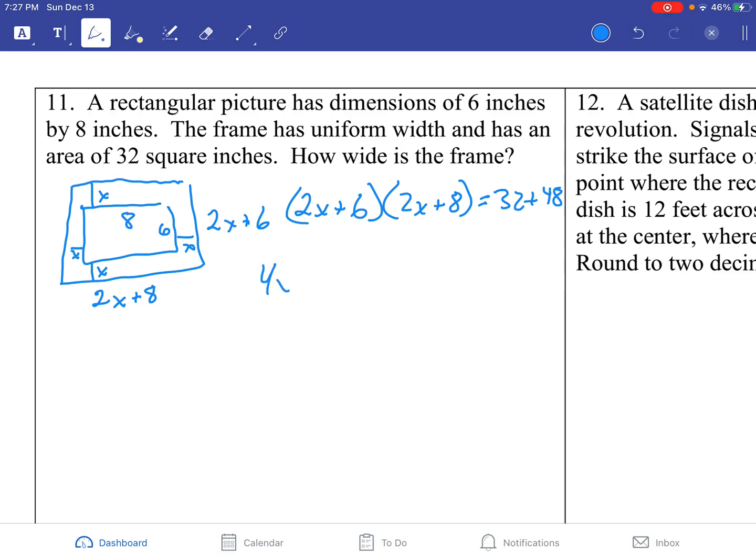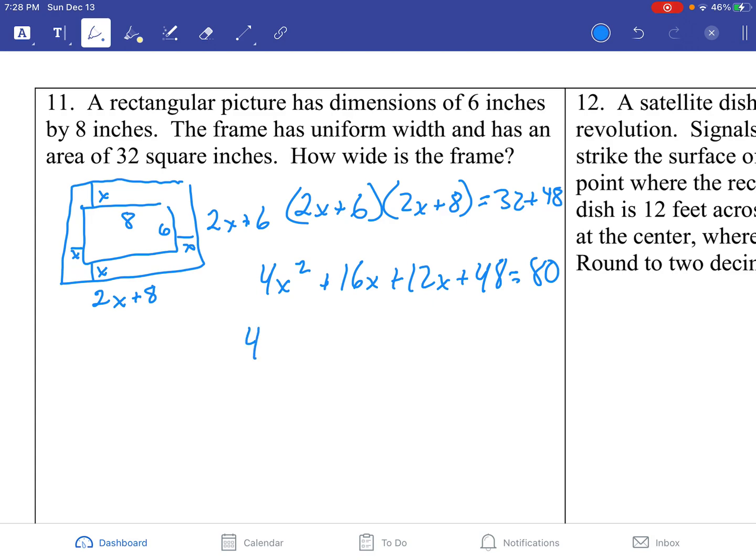So we have 2x times 2x is 4x squared. 2x times 8 is 16x. 6 times 2x is 12x. 6 times 8 is 48. And 32 plus 48 is 80.